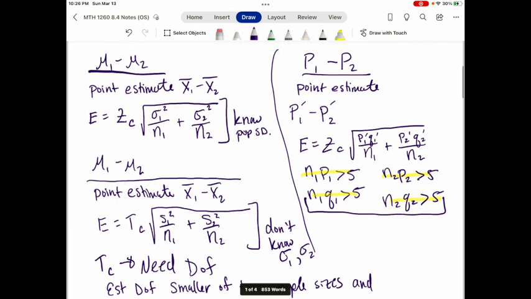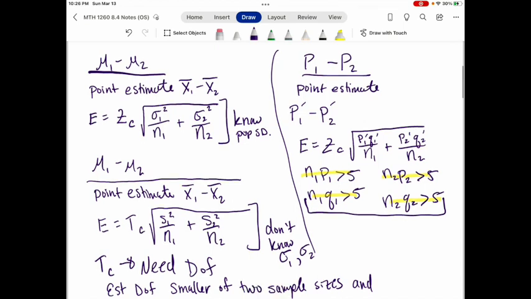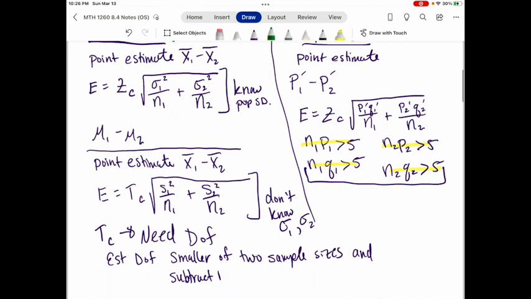So this is a rundown of all the formulas that we're going to need in order to do this by hand, but additionally I'm going to show you how to do this on the calculator. So let me write down those calculator methods as well. When we're looking at the difference between two means, and we know the population standard deviation, we're going to use the calculator function 2-sample z interval.